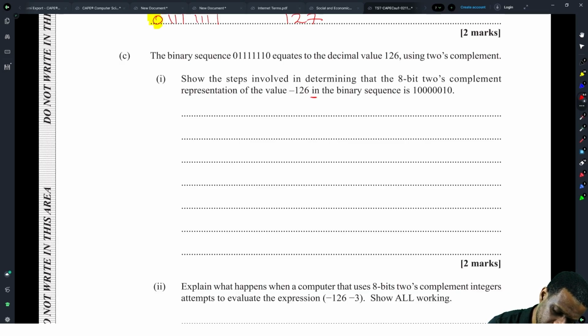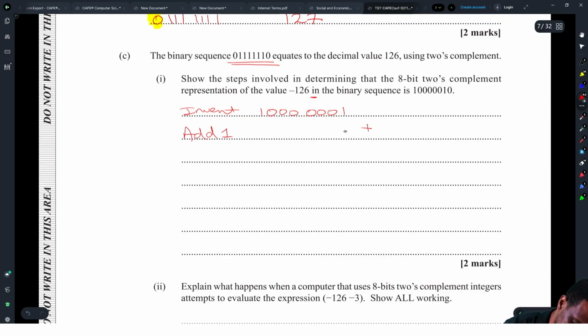Alright, basically we want to do 2's complement, right? So we're going to start by inverting the bits. They gave us the bits already, which is 126. So we'll invert, and you'll get 1, 0, 0, 0, 0, 0, 0, 1, and then you have to add 1.